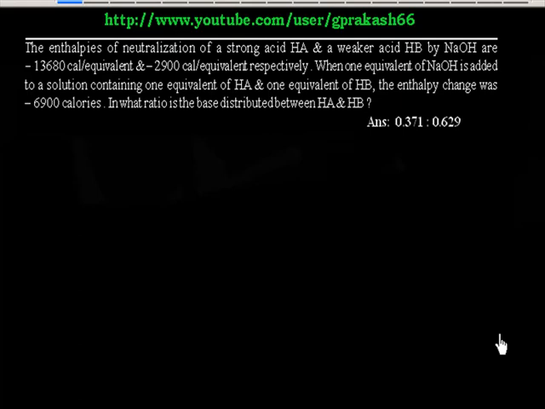This is a pretty easy problem. If we have a strong acid HA and it neutralizes, this acid releases a heat of minus 13.68 kilocalorie.